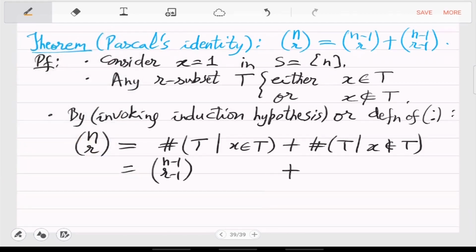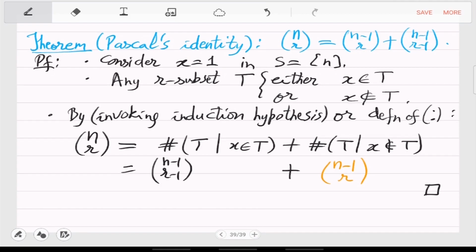Here 1 is forbidden, so the domain is still of size n minus 1, but you ask for r elements, so you get n minus 1 choose r. The sum of these by the sum rule is n choose r. So this is almost by the definition; you only have to see how to apply the sum rule. Any questions?